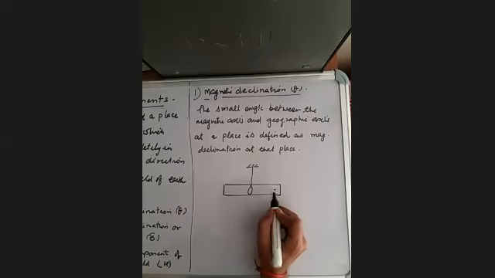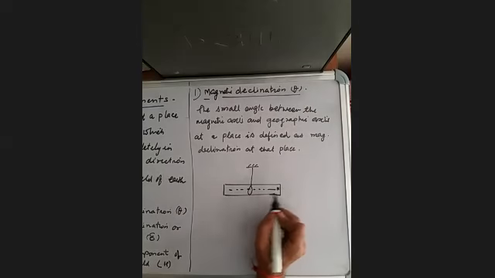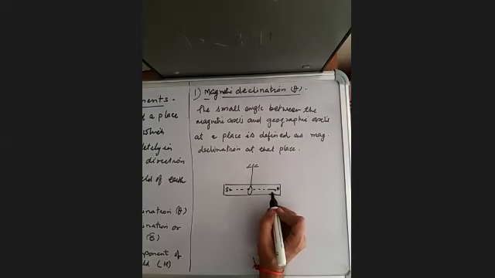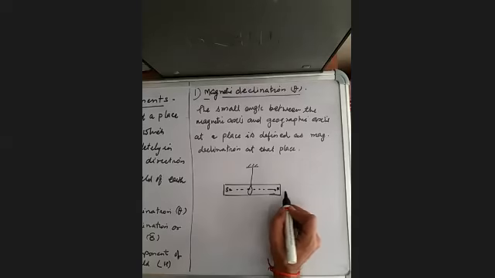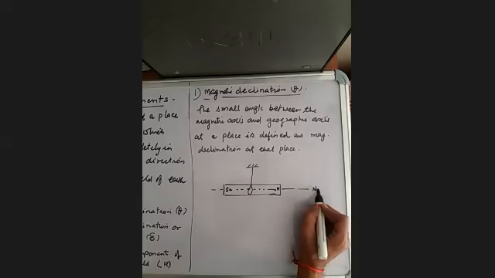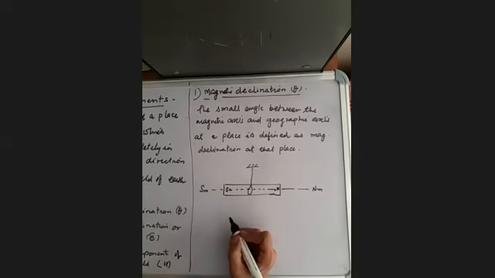Okay, and we know that a magnet always comes to rest along the north-south direction. Suppose this is the north end and this is the south pole of the magnet, and that means its north is pointing towards magnetic north and south is pointing towards magnetic south.